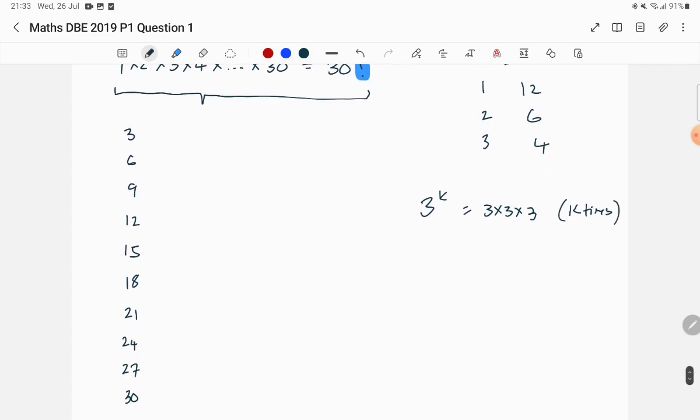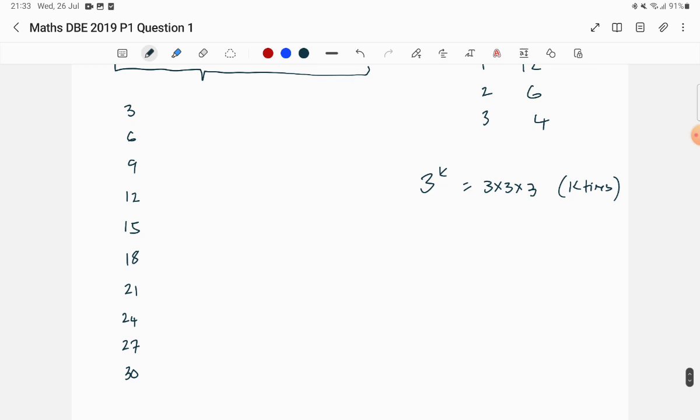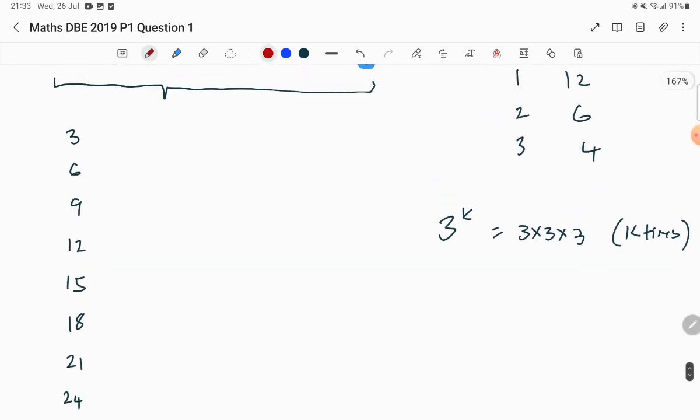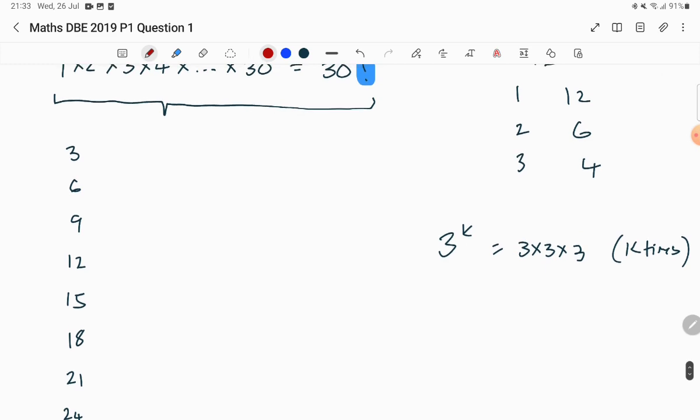Now that we've refocused our understanding of this product into only the multiples of 3, we need to break these up into factors of 3 and count how many 3's there are.